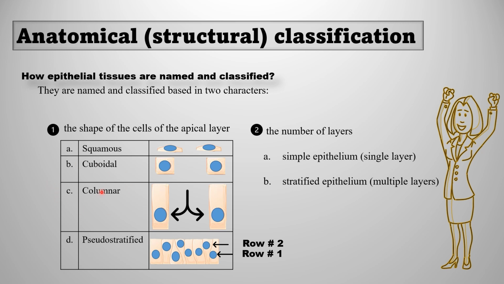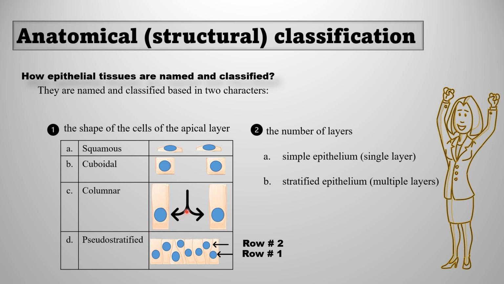The third one is the columnar cells, and those are much taller compared to the previous two, and they are rectangle shaped. That means their height is longer than their width.